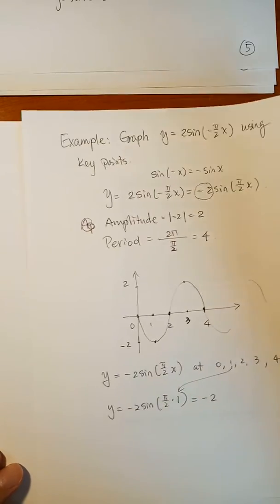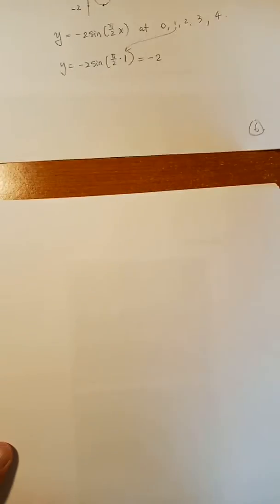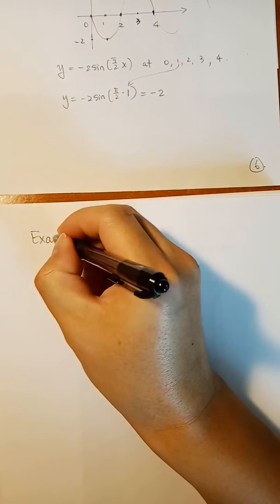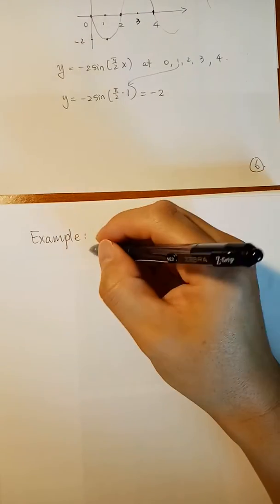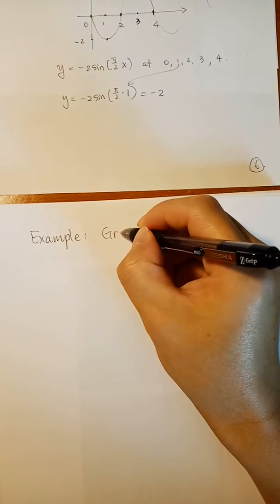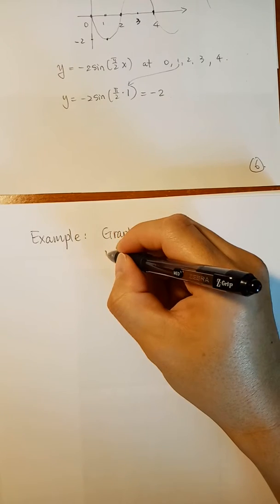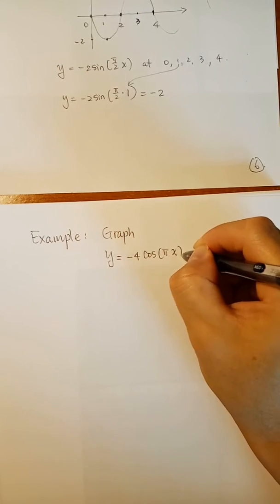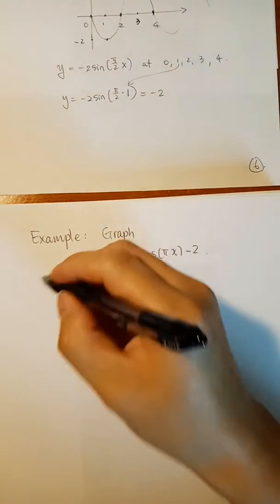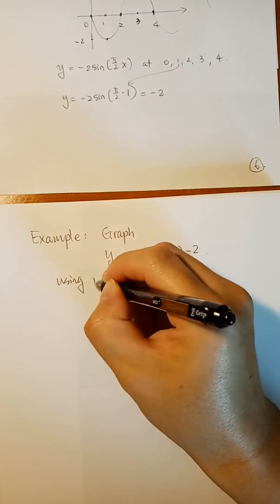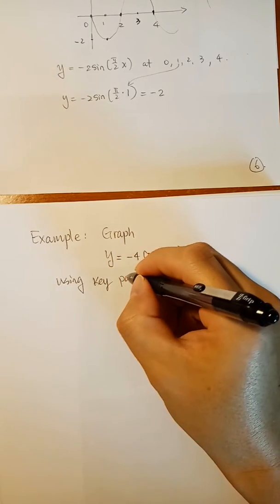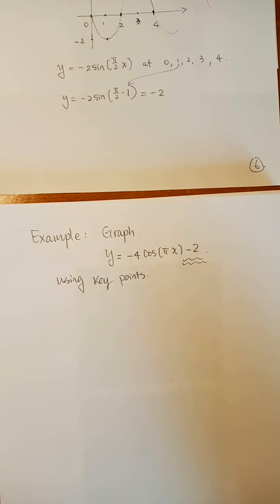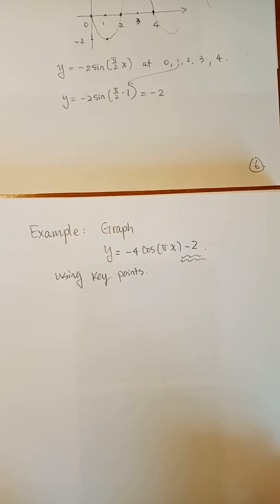Okay, now let's see another more complex function. So we graph y equal to -4 cosine pi x minus 2 using key points. So this time we have an additional part, -2.